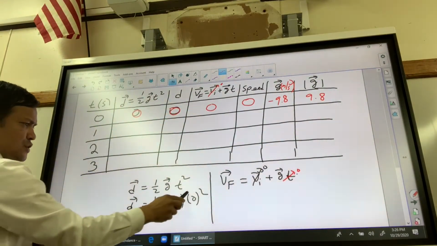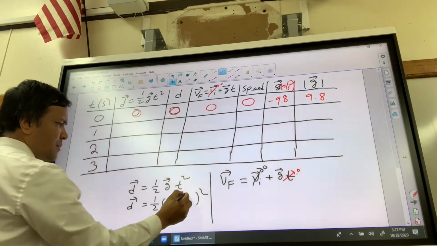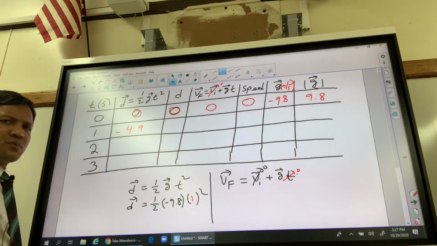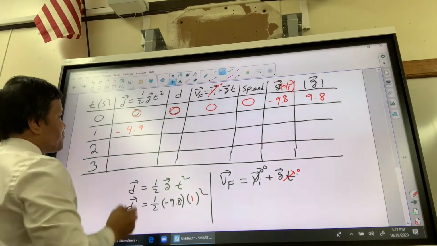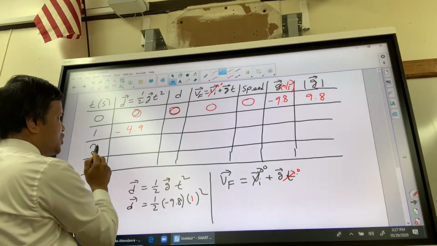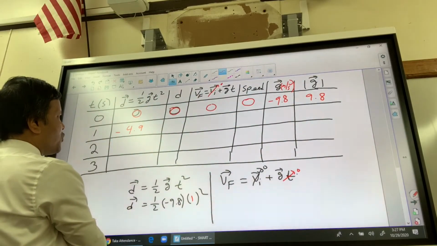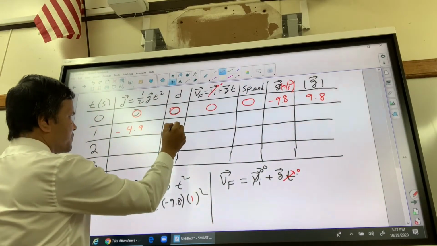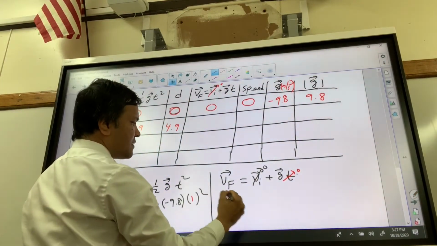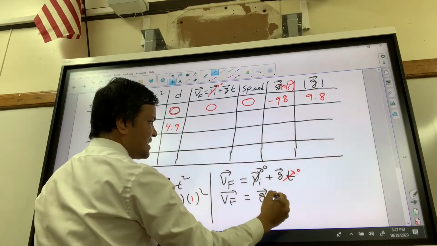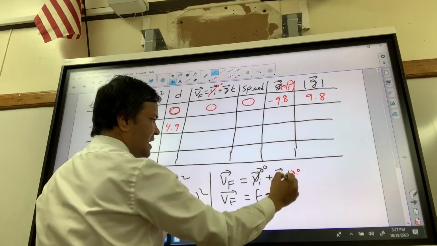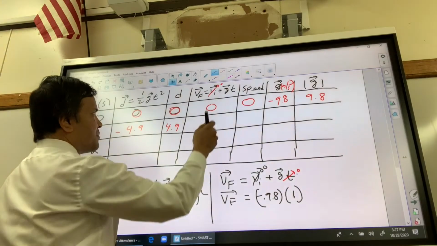Now at 1 second, if we remove 0 and put 1, we get 4.9, but don't forget to put negative. The distance is the magnitude of displacement, so the magnitude of negative 4.9 is 4.9. For velocity, final velocity is equal to g, which is negative 9.8, times time 1, so you get negative 9.8.